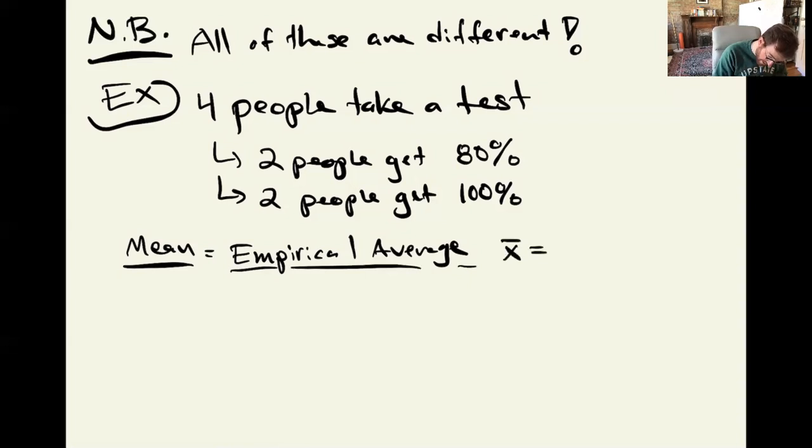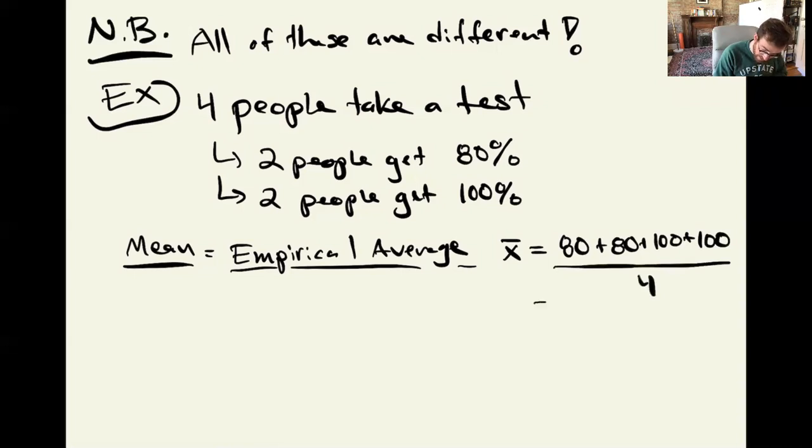The way I would compute X bar is I would take, all right, somebody got an 80, another person got an 80, somebody got 100, another person got 100. And then I take those scores and divide them by 4. If I do that, you'll see that I get 360 divided by 4, which, if you think about it a little bit, is 90%. All right, cool. And that kind of makes sense.